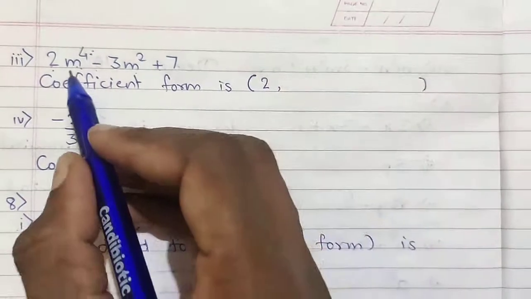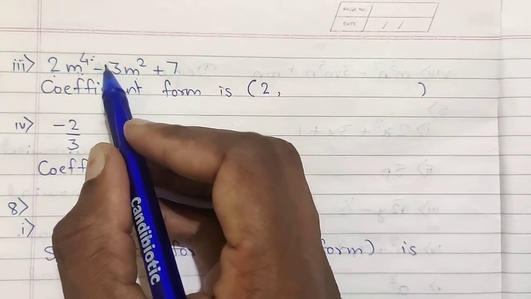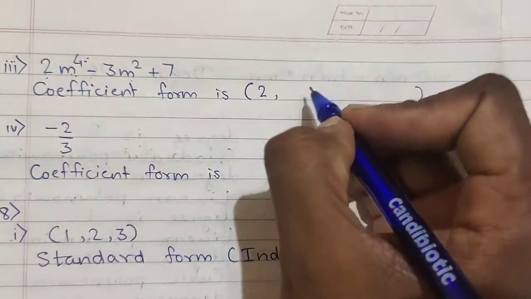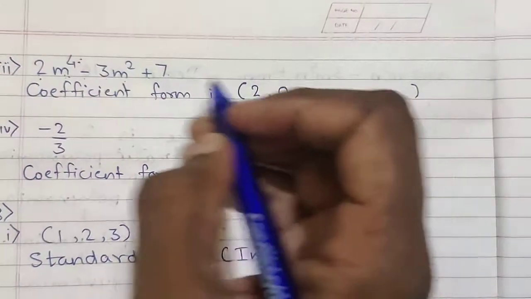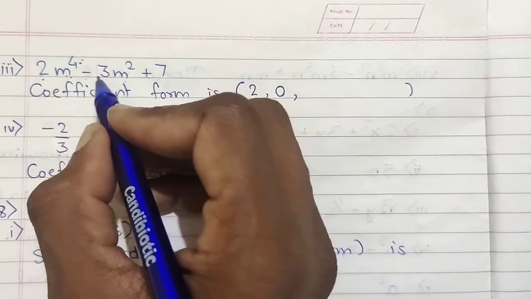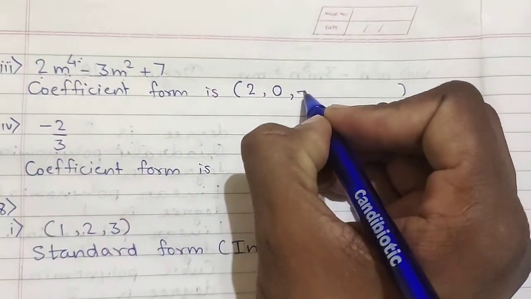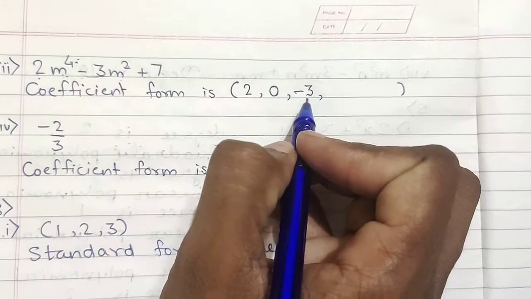Now after power 4, you know, next term will be power 3, and power 3 is not present here. So that means that coefficient should be 0. Okay, and after power 3 you are having power 2, and what is the coefficient of power 2? Minus 3.